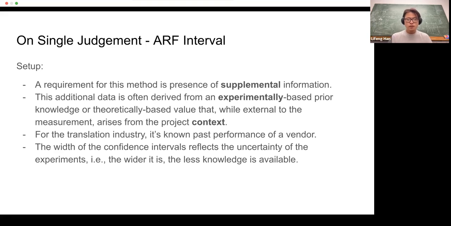For the translation industry, it is the known past performance of a vendor. The width of the confidence interval reflects the uncertainty of the experiments. That is, the wider it is, the less knowledge is available.